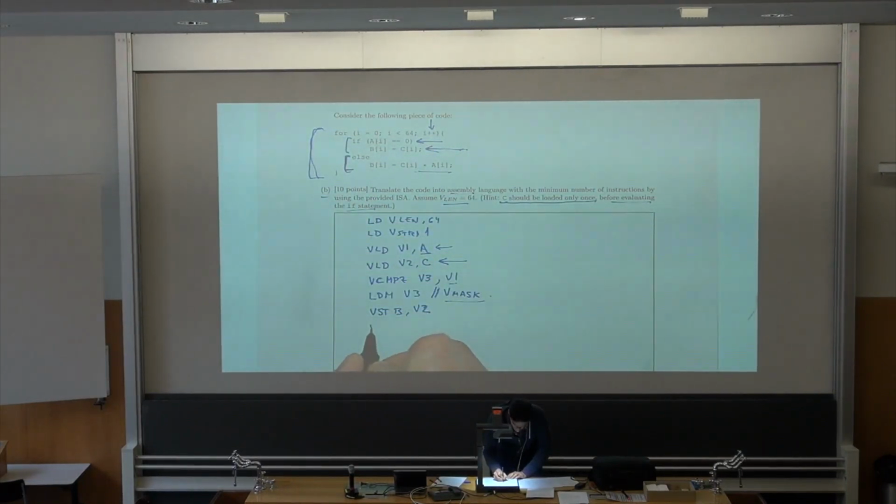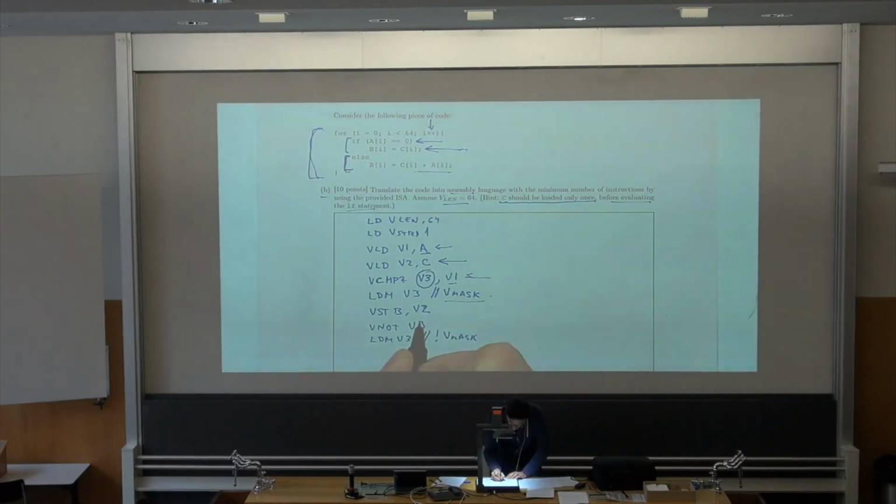So what we do is flipping the bits in V3, which was this register here that contained the result of this comparison, and now we load the mask again. So this could be like the negated value of the mask, right?